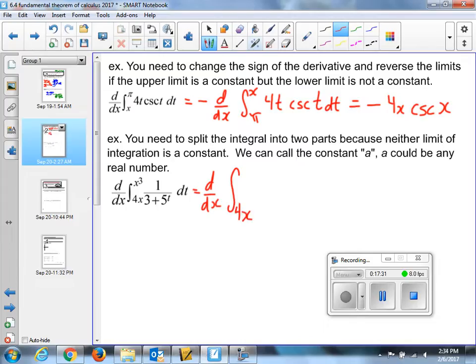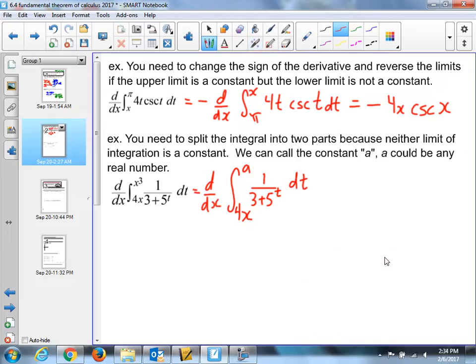If you get nifty with this, you can skip. I don't know the antiderivative of this one, by the way. But here's what I'm doing, and then I'm saying plus the derivative from a to x cubed.